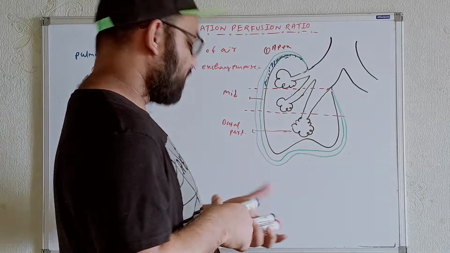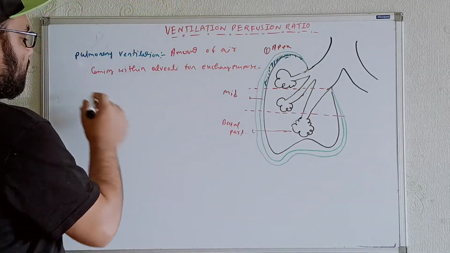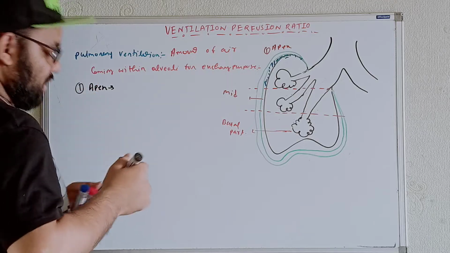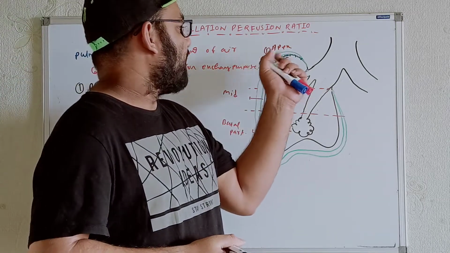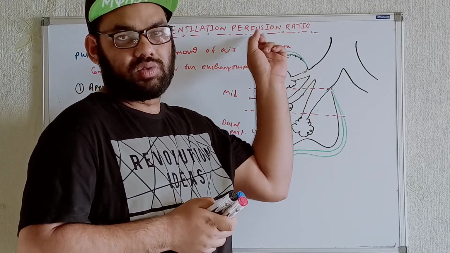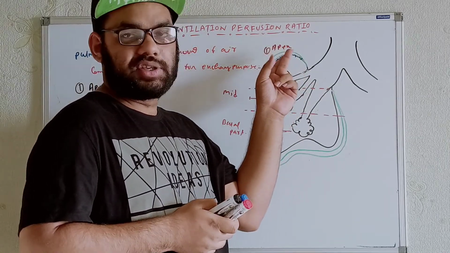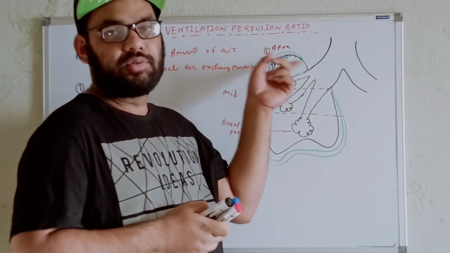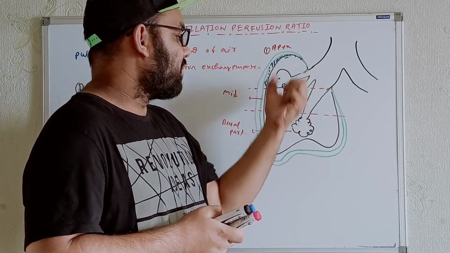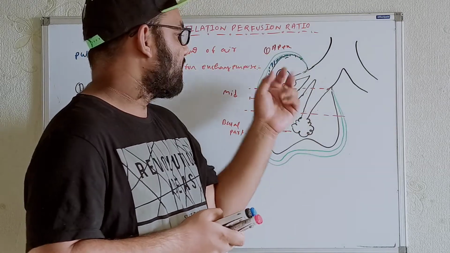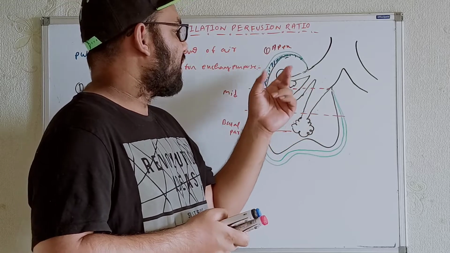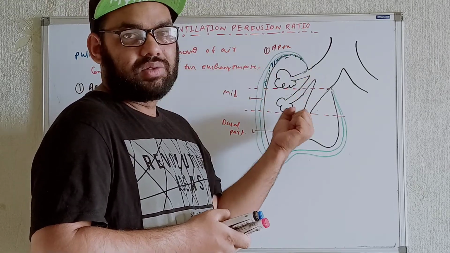Try to understand in terms of the apex part. The chest wall will try to expand outward with respect to the apex, and due to the gravity of the lungs, the alveoli will try to come downward.